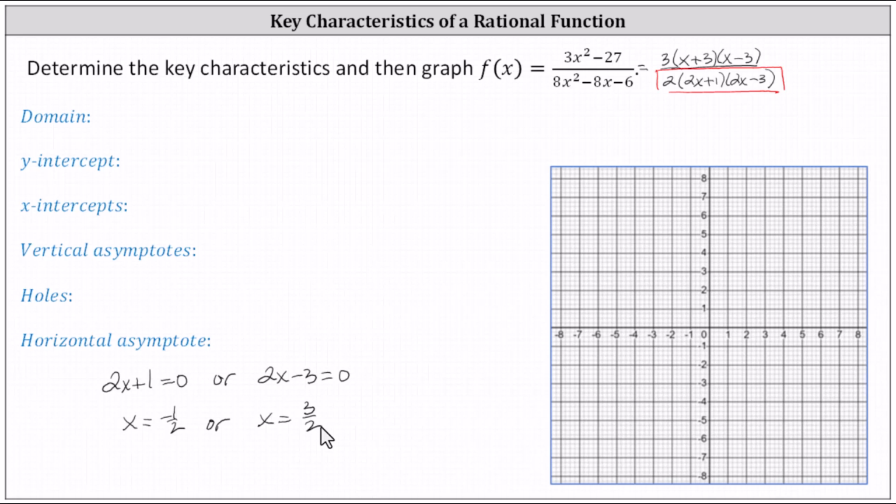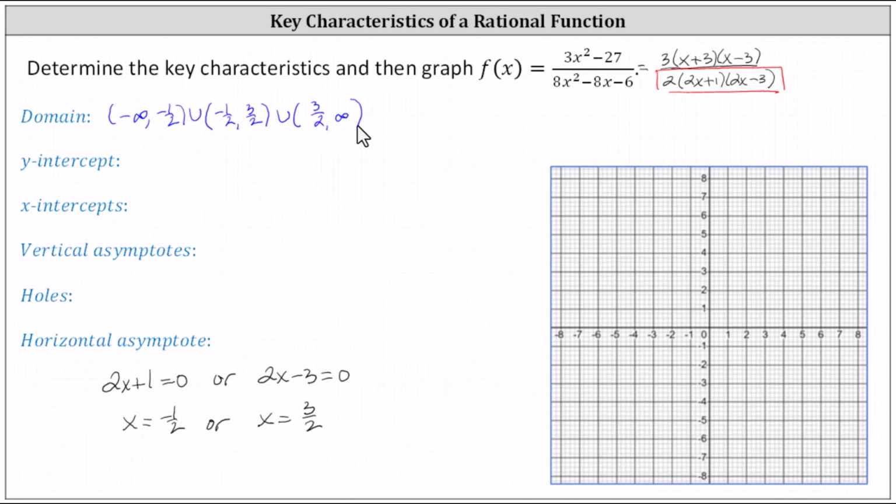The domain is all real numbers except negative 1/2 and 3/2, which, using interval notation, would be the open interval from negative infinity to negative 1/2, union the open interval from negative 1/2 to 3/2, union the open interval from 3/2 to infinity.